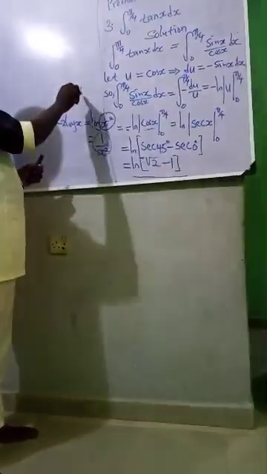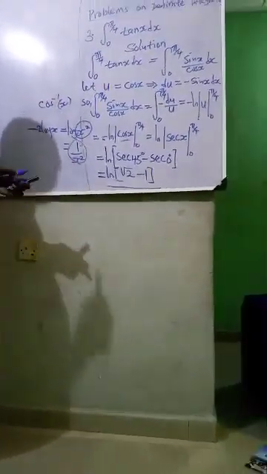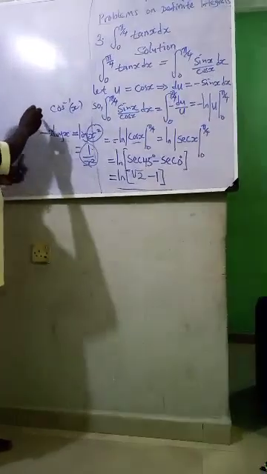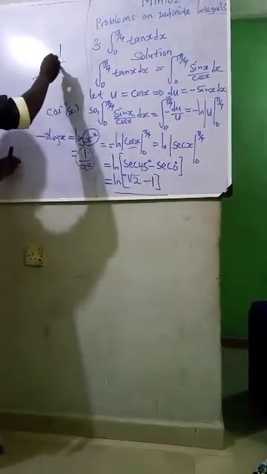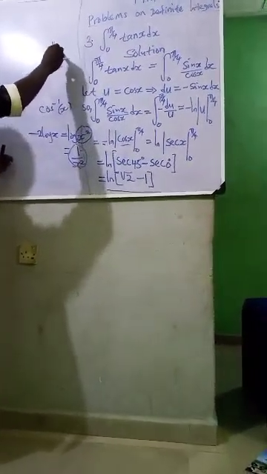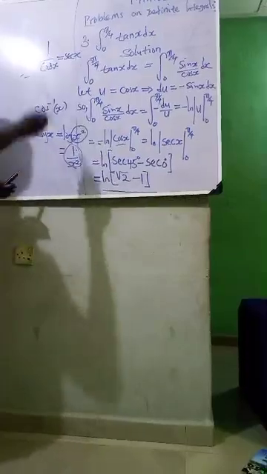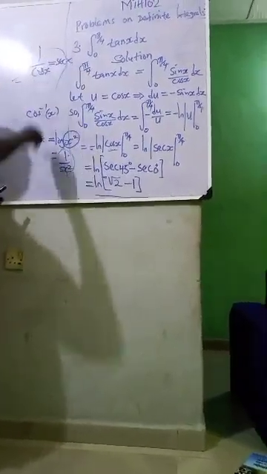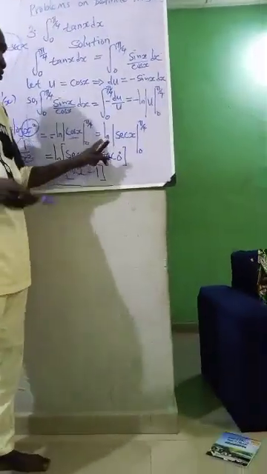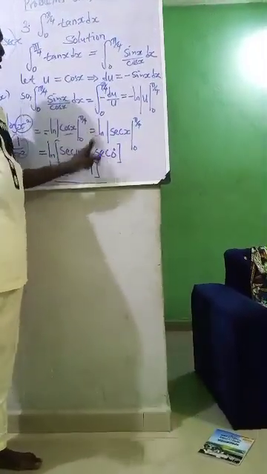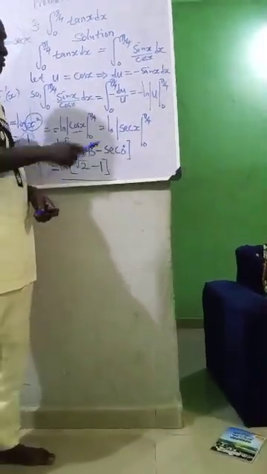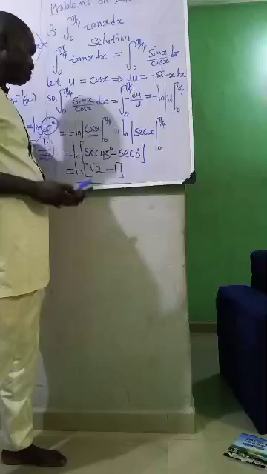It's going to be cos x to the power of minus 1, which is the same thing as 1 over cos x, and that is sec x. So our result will be the natural logarithm of sec x, evaluated from pi over 4 to 0.